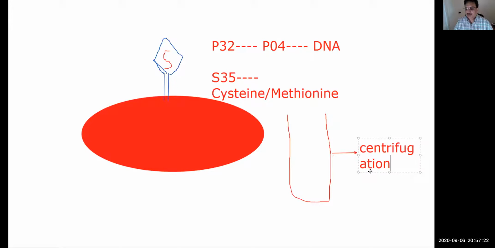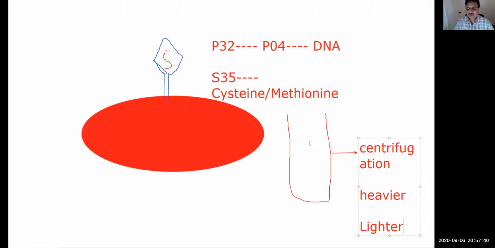Centrifugation is a force that helps the heavier elements settle down in the tube and the lighter elements float.